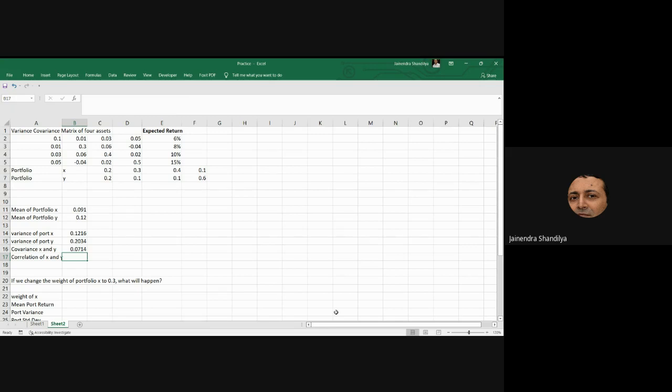So if you have to calculate the correlation, I will divide this covariance by, I'll better take this, a square root of this into this, and I'm done.